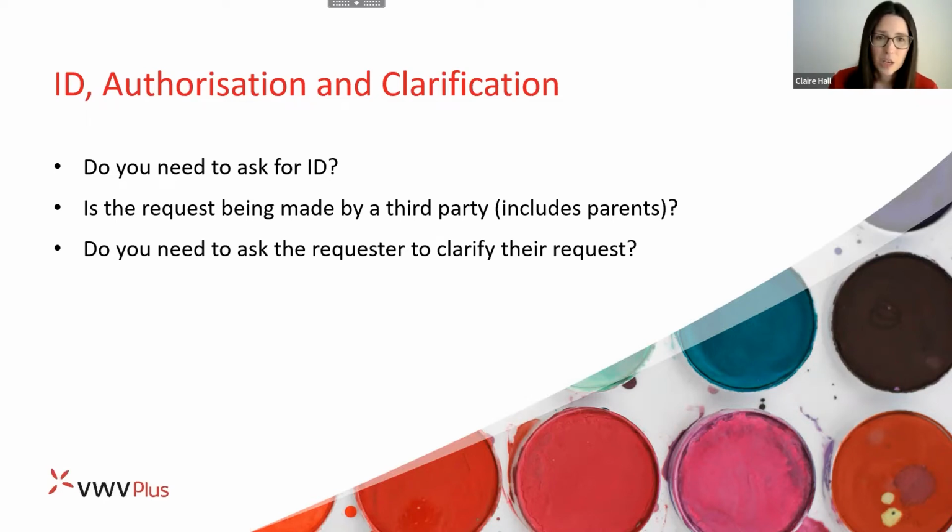But it doesn't mean that you should be routinely and as standard practice asking everybody who makes a subject access request for a copy of their passport, for example. You should be treating a current staff member making a subject access request quite differently to someone saying that they were a pupil at the school 10 years ago who out of the blue has now come back and is making one. So it's about what's reasonable in the circumstances, and don't ask for more personal data than you need to satisfy yourself that the request is genuine.